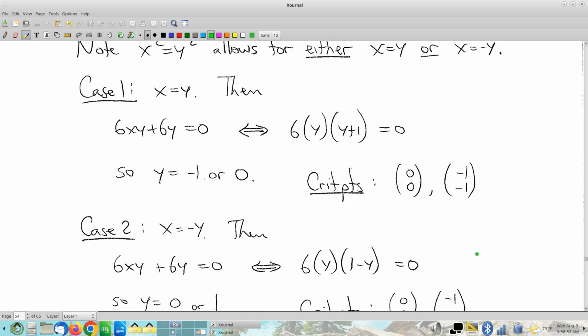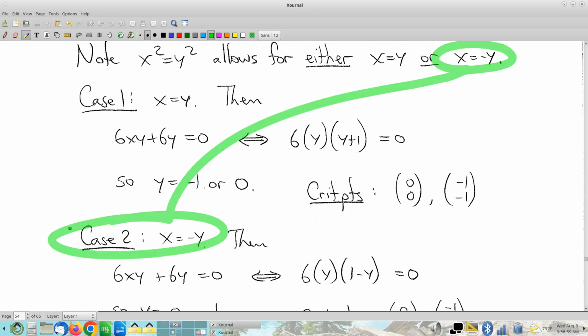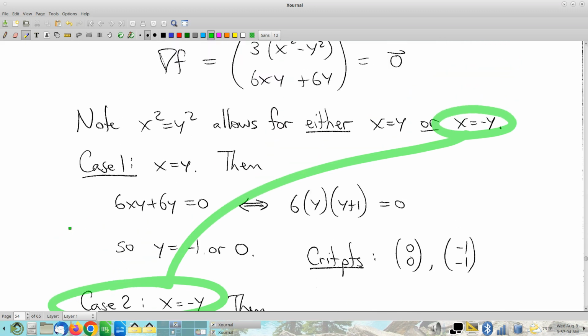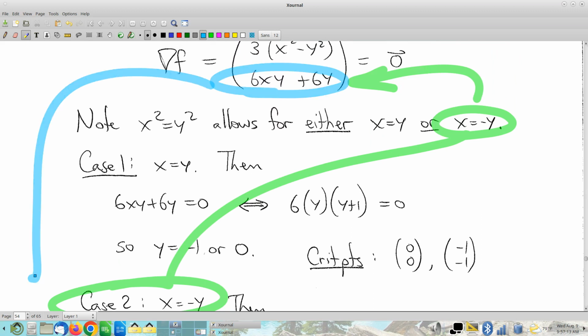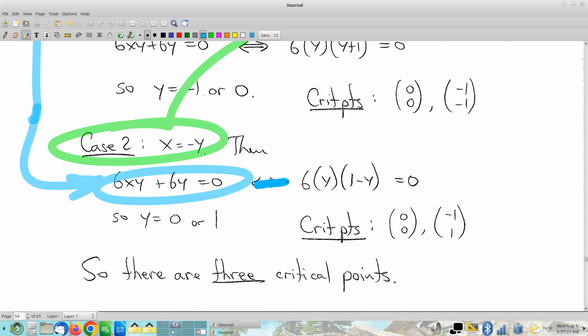Okay, but now, again, that was just case 1. All right, we're only halfway done. We also, just as importantly, have to consider case 2. Case 2 says x equals negative y. Now, that changes how the algebra works out. When you plug in x equals negative y into the fact that this has to be 0, you get different algebra over here.